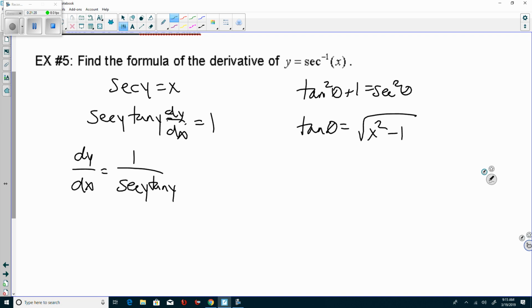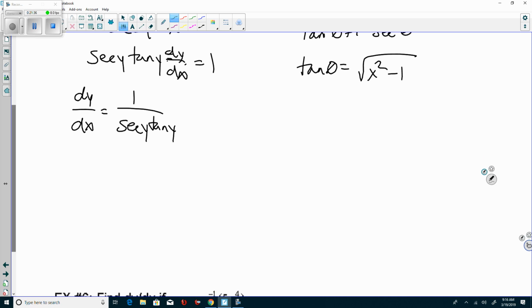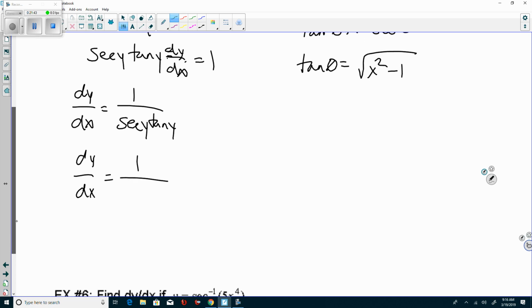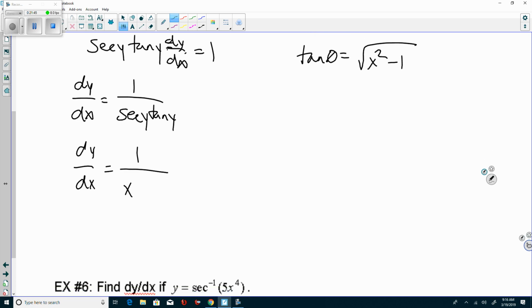And then what you have is the derivative equals 1 over secant y, which is x, right? And then the square root of x squared minus 1.